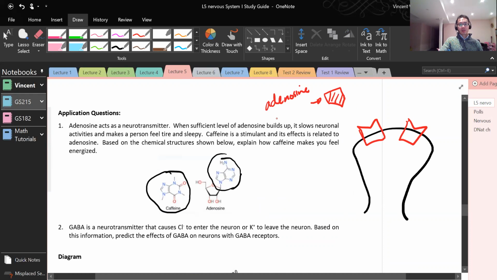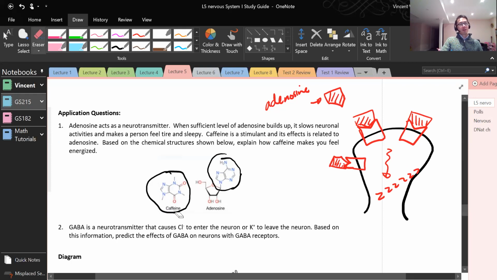Okay, so the adenosine, when you sufficiently build up the adenosine, will basically bind to these receptors. Okay, and when the adenosine binds to the receptor, it creates like these signals, right? Like feeling sleepy, like that. Okay, so like more receptor, more adenosine.